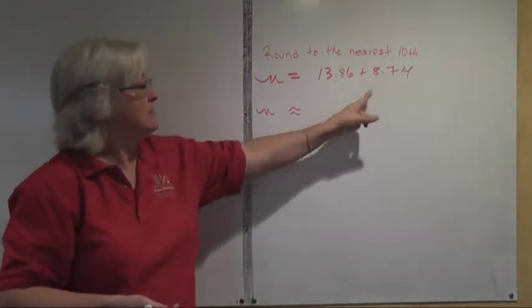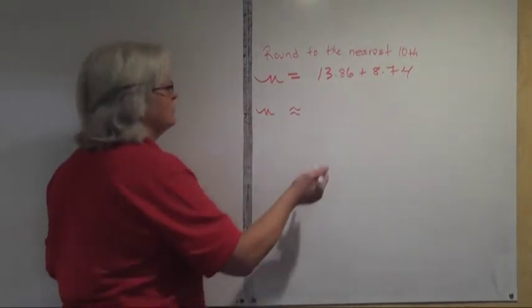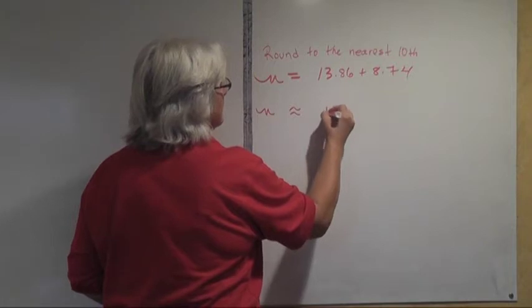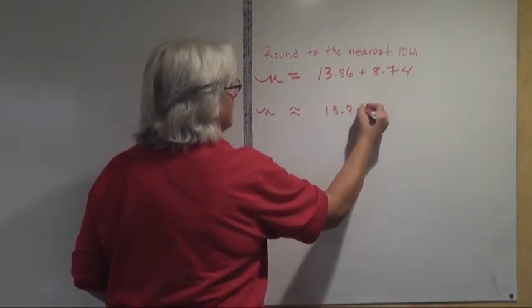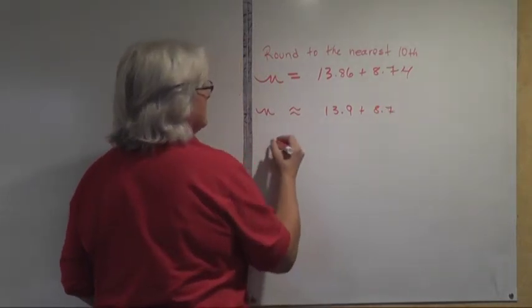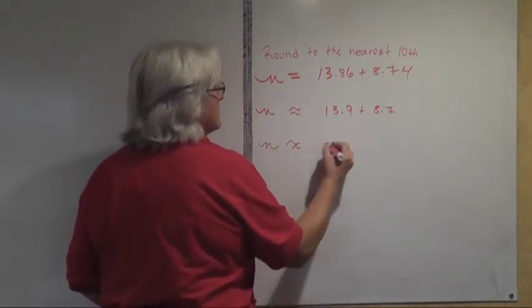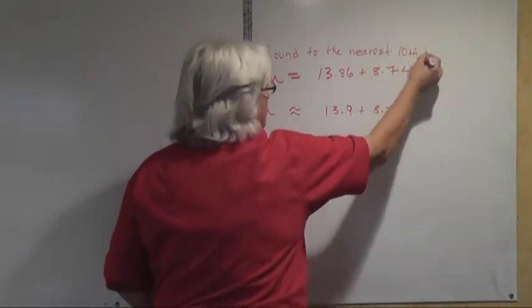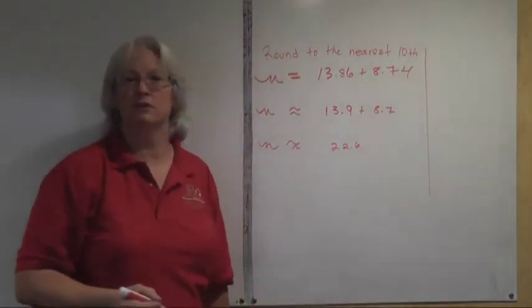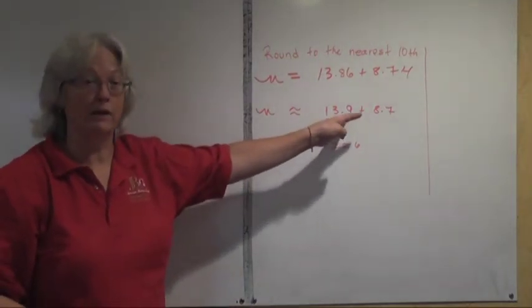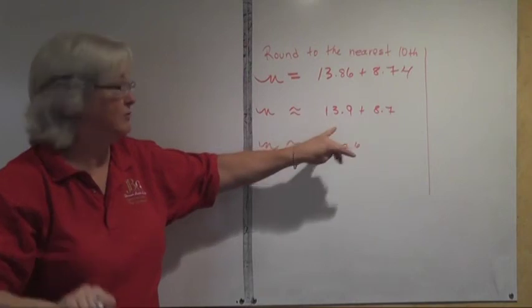So we're going to round these two numbers to the indicated place, which would be 13.9 plus 8.7. So n is approximately equal to 22.6. Some of your kids can do that addition in their heads. They may not use a calculator or something on their phone.